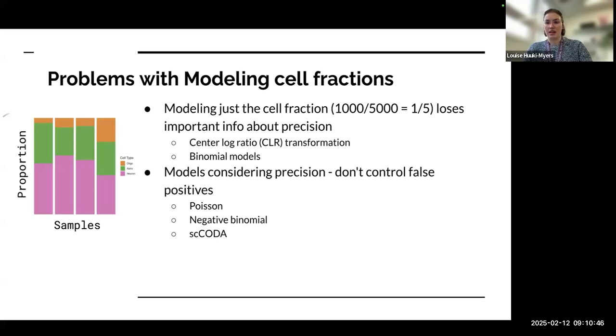This is what happens in a couple of transformations of the data, such as center log ratio transformation or binomial modeling. But on the other side, models that consider precision are not great and have high false positive rates. So there are the Poisson and negative binomial models, as well as the method scCODA. So this is what is out there and what the issue was.